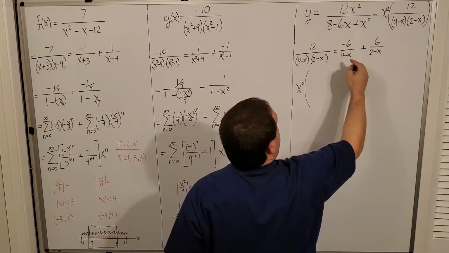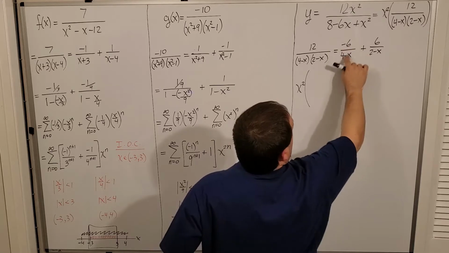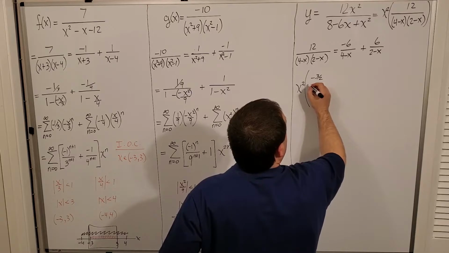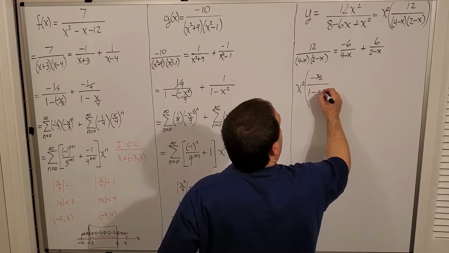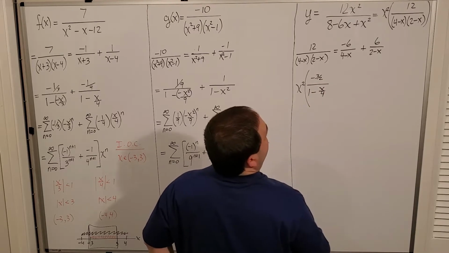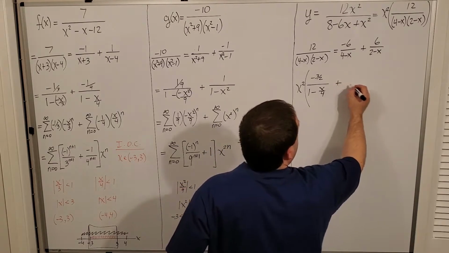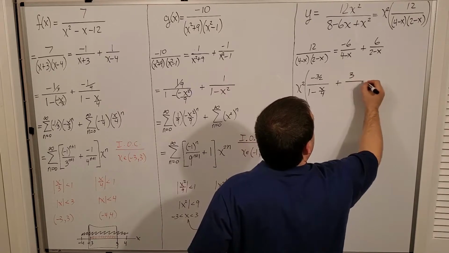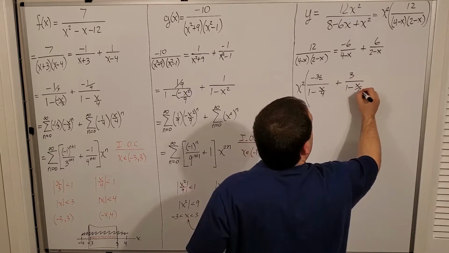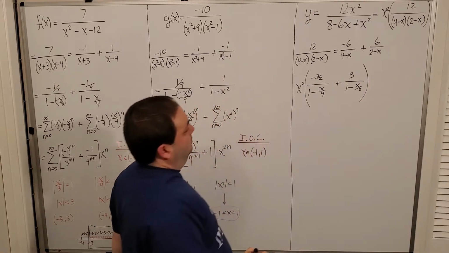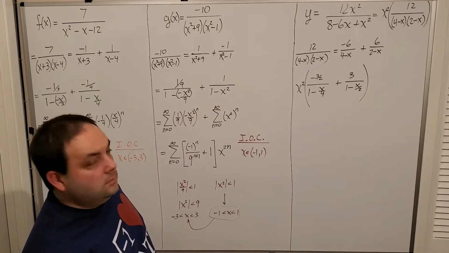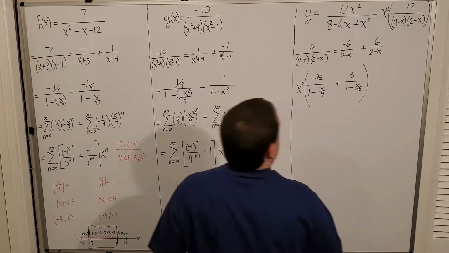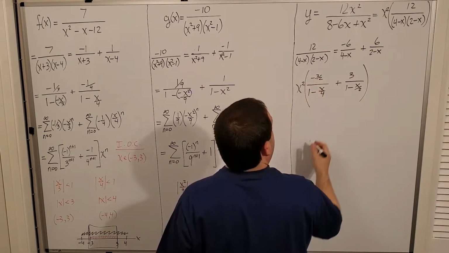So from here then, I'm going to divide everything by 4. That's going to give me negative 3 over 2 over 1 minus x over 4. Plus, I'm going to divide everything by 2 here. That's going to be 3 over 1 minus x over 2. Now, from here, I'm going to make those two series.